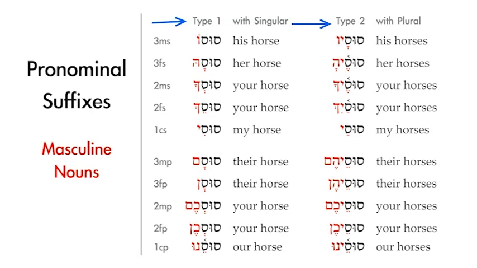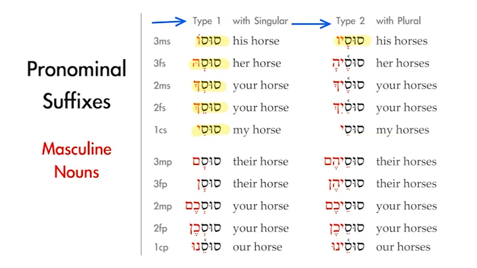We begin with a 3ms in the left column, suso, his horse, or you could render it the horse of him, but in English, we prefer to use the possessive pronoun his horse. Susa, her horse. Susecha, your horse. Susech, your horse. Susi, my horse. The pronominal suffixes, when attached to nouns, appear at the end of the noun and are translated with a possessive value.